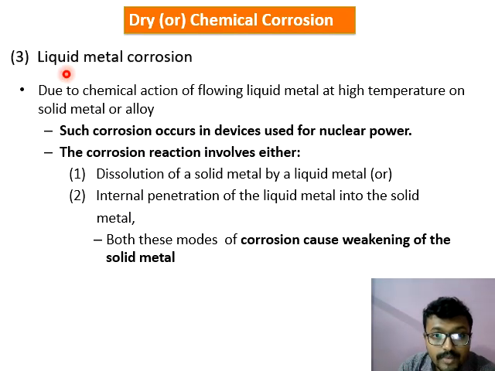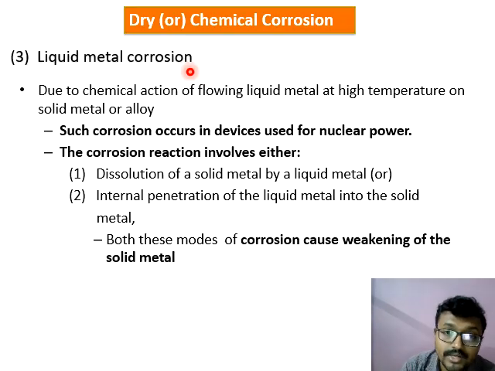Next one, corrosion by liquid metal. We know there are some liquid metals, for example gallium and mercury. Now, when we put this liquid metal on some solid metal, for example if we have sodium metal and we put mercury on it, we'll see that the liquid metal penetrates into the solid metal and destroys it.